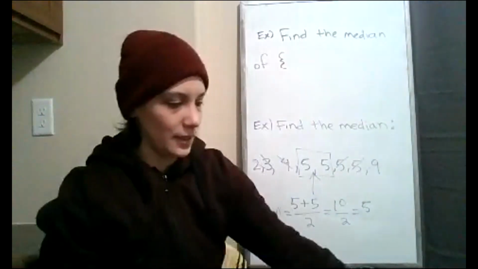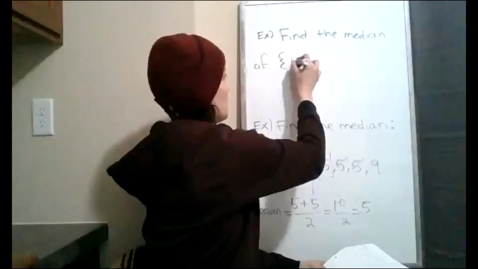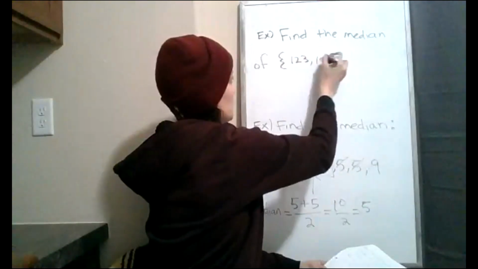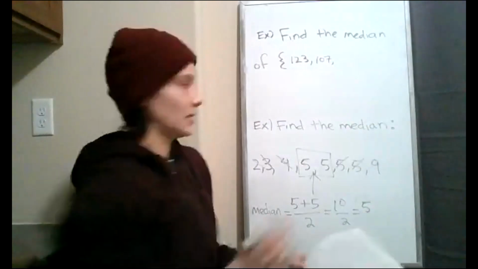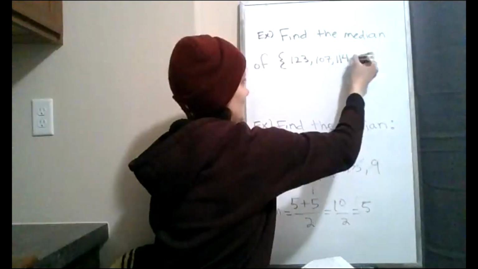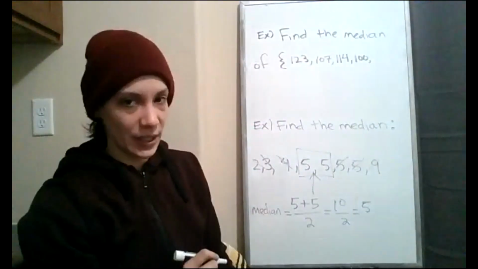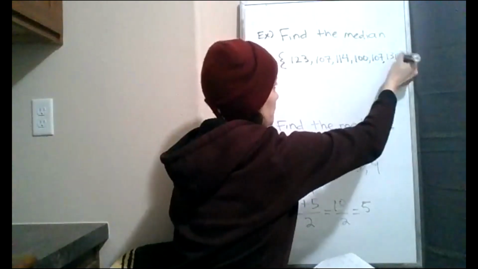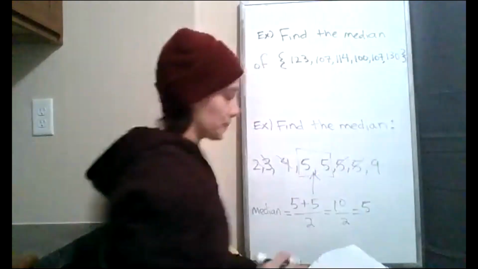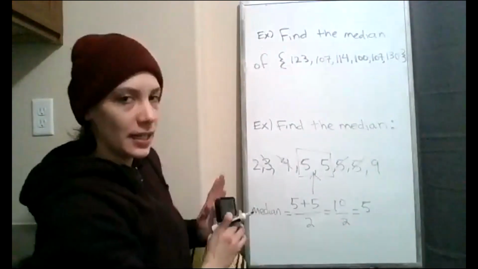It has 123, 107, 114, 100, 107, 130. Okay. Get the list in increasing order first.